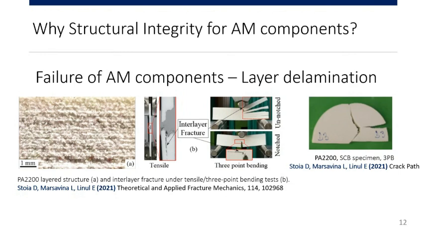Just a few examples. These are some specimens made by SLS, selective laser sintering. The material is PA 2200. It's a layered structure. So when we did the classic 3-point bending test on an unnotched beam, but even on a notched beam, sometimes the failure occurs as a delamination, which is probably due to the transversal shear, and this is a competition between tensile fracture of the lower fibers and delamination between the layers.